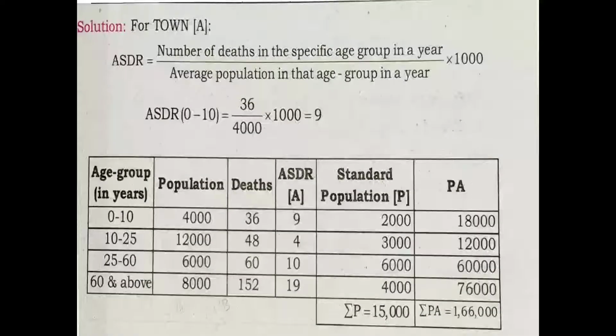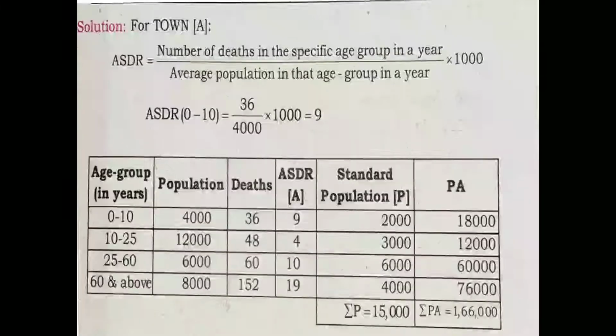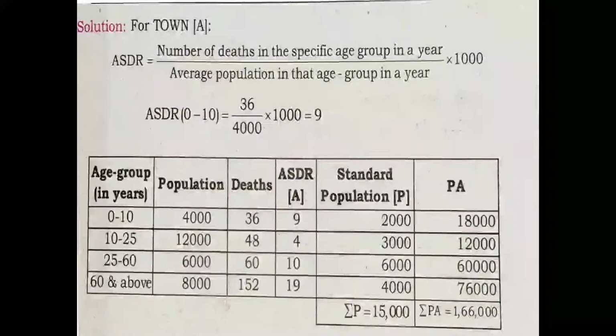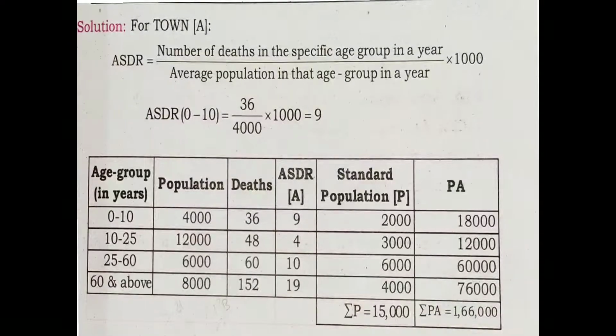Similarly calculate ASDR for 10 to 25, 25 to 60 and 60 and above. You have been given the standard population, so see the columns how it is done. Multiply ASDR of A into standard population P, it will give you P into A. So 9 into 2000 will give you 18,000, 4 into 3000 is 12,000, 10 into 6000 is 60,000, 19 into 4000 is 76,000.